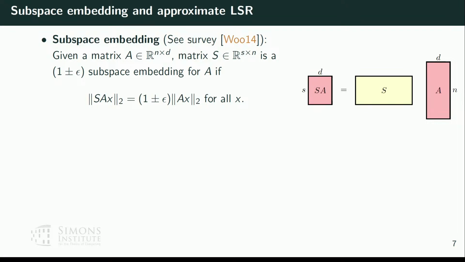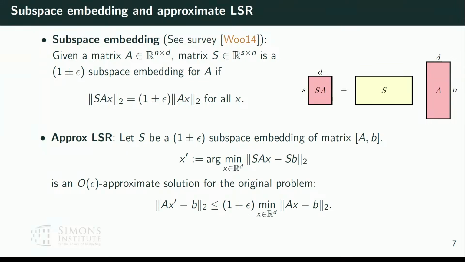And we say that S is a 1 plus epsilon subspace embedding for the matrix A if the norm of SA times x is a 1 plus epsilon approximation of the norm of Ax for all x.